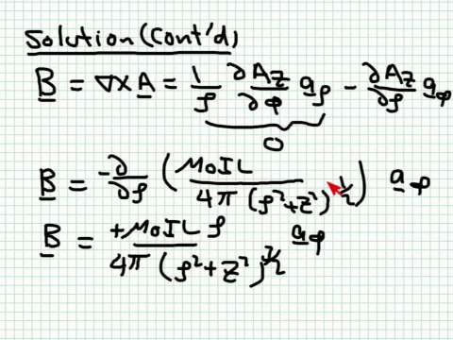So the 1/2 from the derivative cancels out with the 2 coming from the derivative of rho squared, and the negative sign coming from here cancels with the negative sign coming from the minus 1/2. And we end up with this expression for B in the phi direction, as predicted. So indeed, B for a length of wire of length L far from the wire is still in the phi direction, and is given by this expression here.